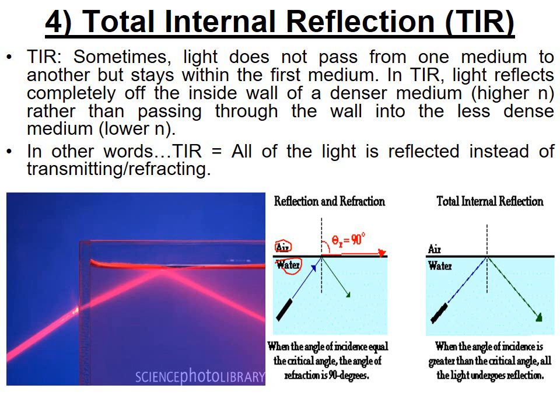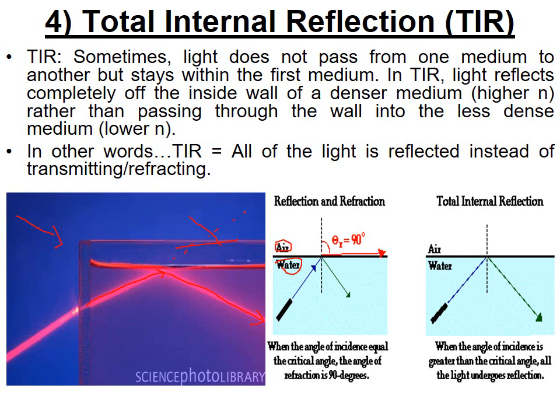So if you look at this picture over here, you would expect that some light from this laser should leave the water. We should see it in this picture. It should be going up this way. But we don't see that. We see the light ray just bouncing off the surface of the water and staying within the water. So there's no more refraction happening. And that's what total internal reflection actually is.